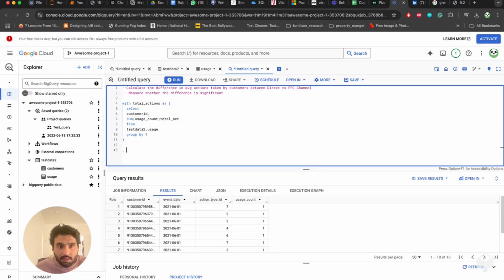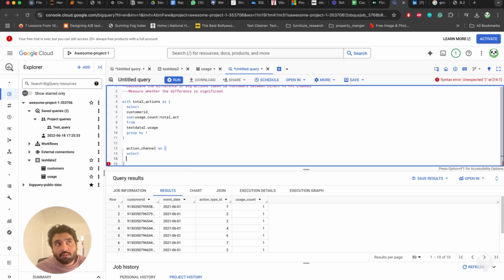So what we can do is create another CTE, action and channel, and use total actions and join it with the customers table. So select, what are the columns that we need?